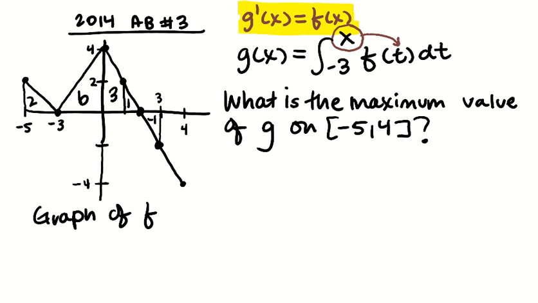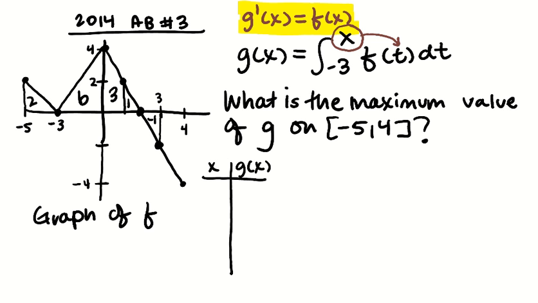What is the maximum value of g of x on the closed interval -5 to 4? This is an absolute maximum question, the maximum on a closed interval. So we're going to do the closed interval test, or the candidates test. I'm going to set up my little table, the x values I'm interested in, and then I'm going to evaluate g of x at each of those.